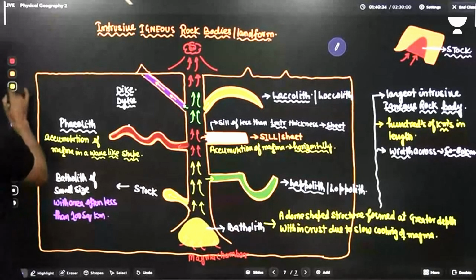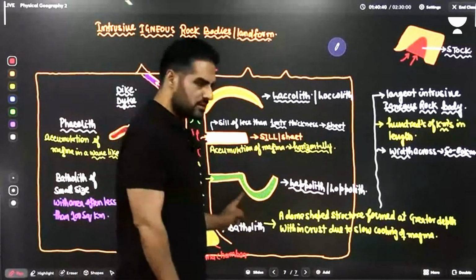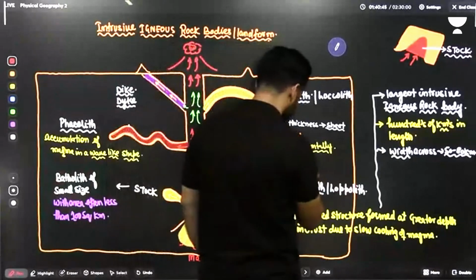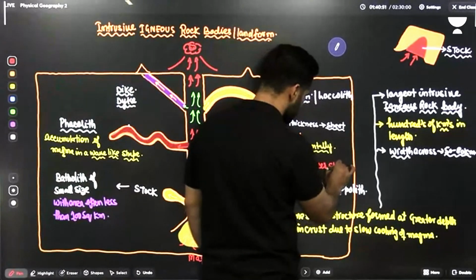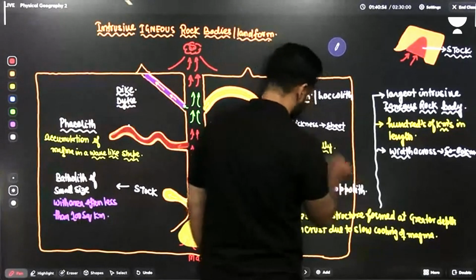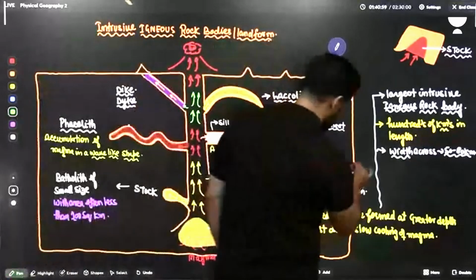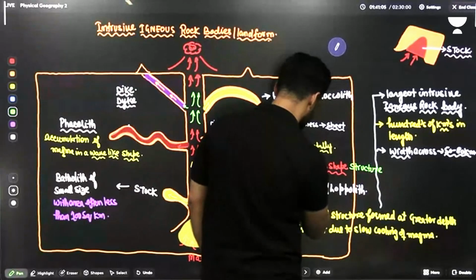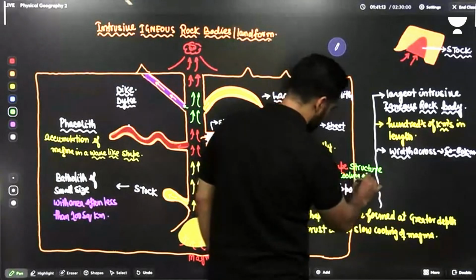After that, let's come to another part, which is your lapolith. What it looks like? Can I say spoon shape? Or can I say a pan, a saucer shape in which you make tea? Okay. It is a saucer shape structure formed due to cooling off of magma.